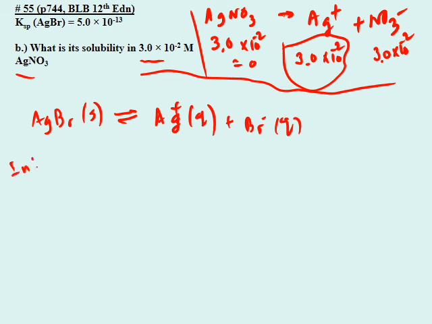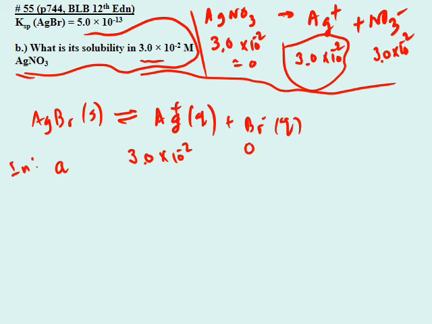Let's assume that A is the amount of silver bromide I had at the beginning. But since we already added silver nitrate, silver plus concentration was not 0 at the beginning. It was 3.0 times 10 to the negative 2, and that came from the amount of silver nitrate that was added. So that's coming from here. There was no Br minus, so it's 0 at the beginning.